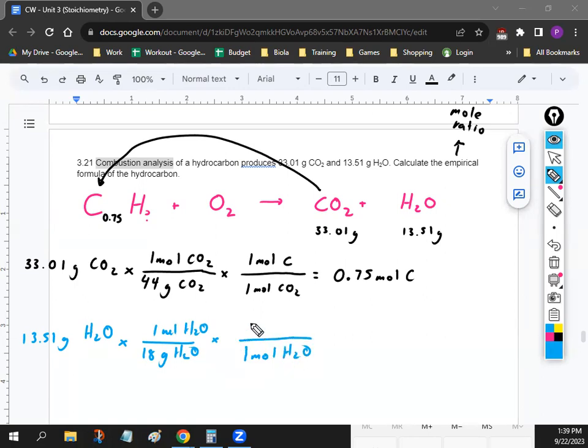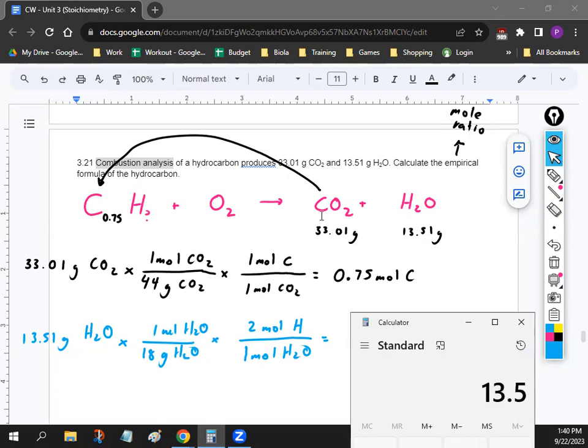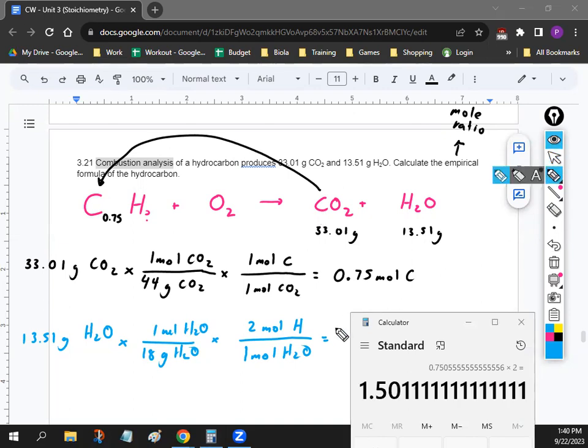It's 2 moles, because if you take a look at H2O, there's 2 hydrogens inside 1 water. So just be careful about that, because the mole ratio is going to depend on the chemical formula. Okay, so plug it in: 13.51 divided by 18 times 2, and you should get about 1.5. So 1.5 moles of H.